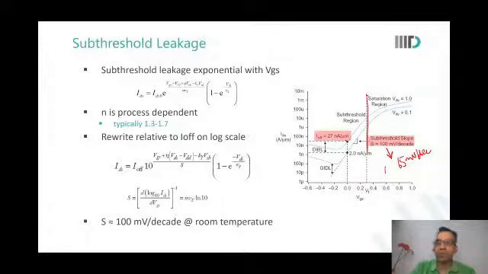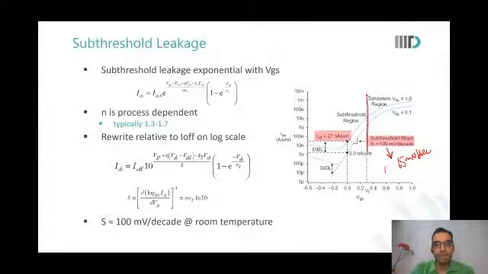Because current will reduce much faster as you reduce the voltage. There will be a decade of current reduction within whatever number we have. If it's say 100 millivolts per decade, then it requires 100 millivolts below VT to get 1/10 the current. Whereas if it is 65 millivolts per decade, it means my device has turned off very quickly, and even 65 millivolts below VT, I will have 1/10 the current. Okay, Faisal?